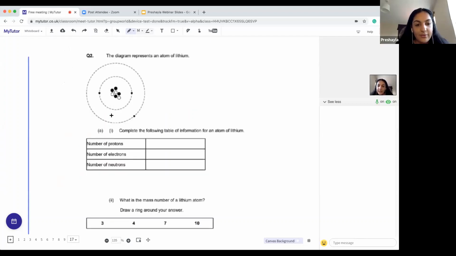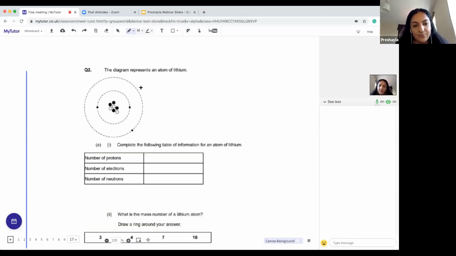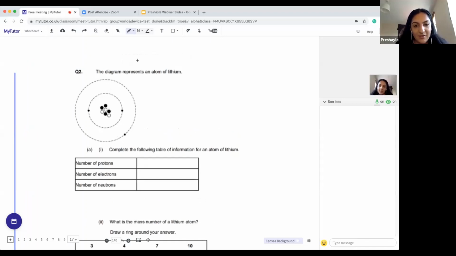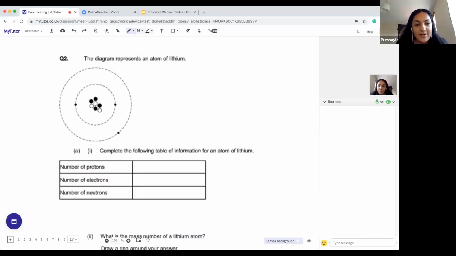Now, what do we think the number of protons is, the number of electrons is, and the number of neutrons is? Looking at our atom of lithium, what's the number of electrons, the number of protons, and the number of neutrons? Put your answers in the chat. What do you think?